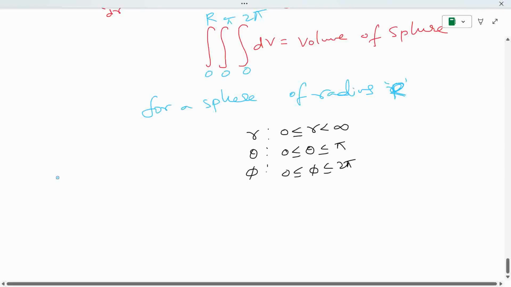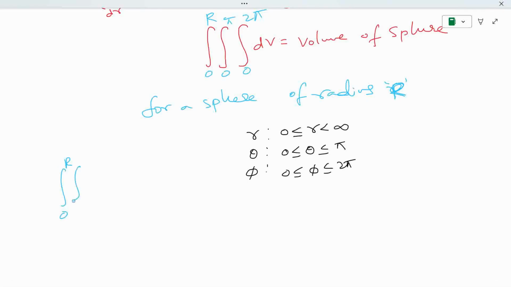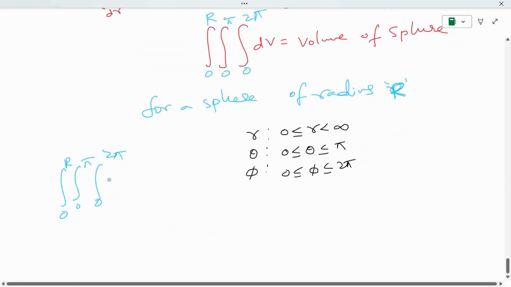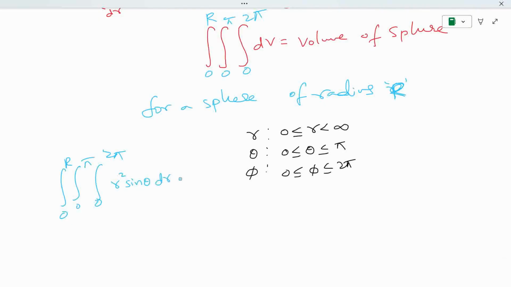Now let's apply those things. 0 to R, 0 to pi, 0 to 2 pi, and the differential element dV is r square sine theta dr d theta d phi. Now we have to integrate each one. Basically this is a triple integral.